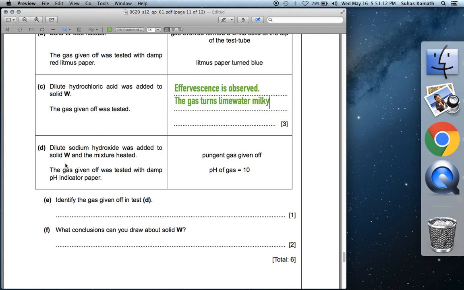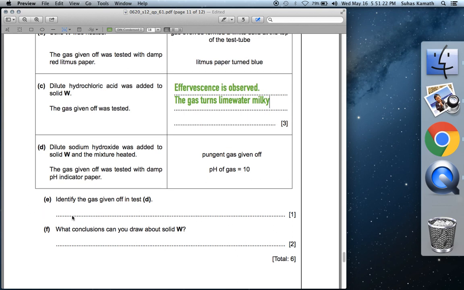So dilute sodium hydroxide is added to the solid W and the mixture heated. So pungent gas given off, so it's ammonia. Damp red litmus paper turns blue, the gas is ammonia. What conclusions can you make? It is ammonium carbonate.